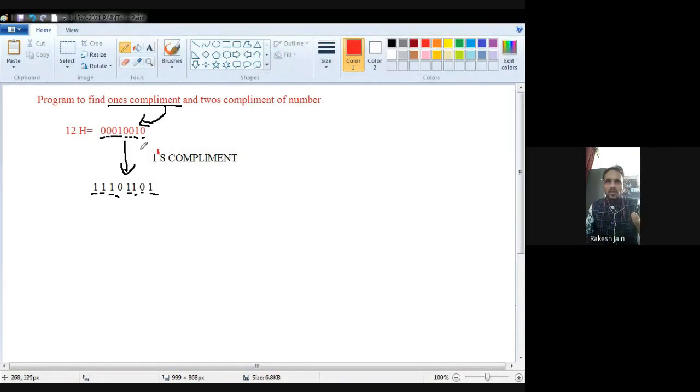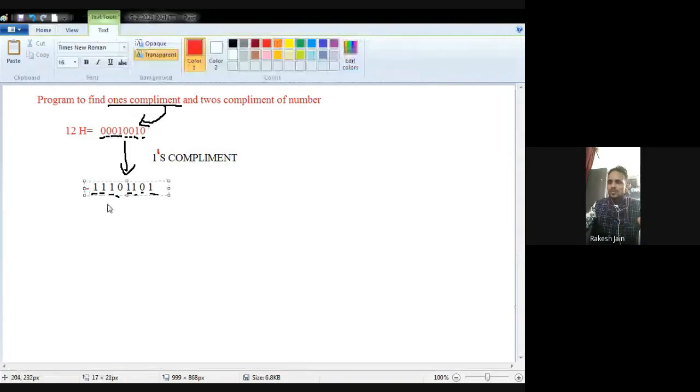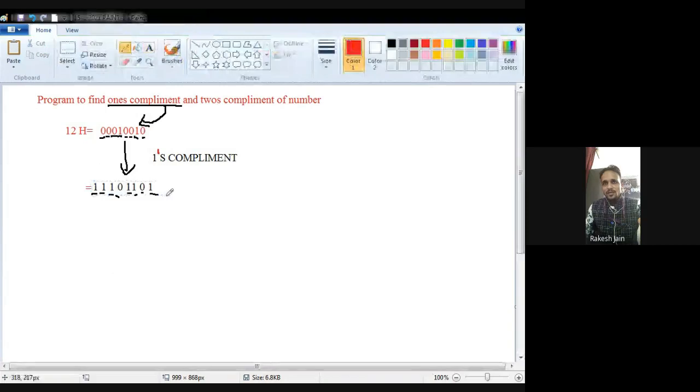Now what is your answer after this ones complement? Now see this one, 1110 in the 8421 format. 1101 means 13, and 13 is counted as 0 1 2 3 4 5 6 7 8 9, then A, B, C, D, E, F. This is the hexadecimal format.